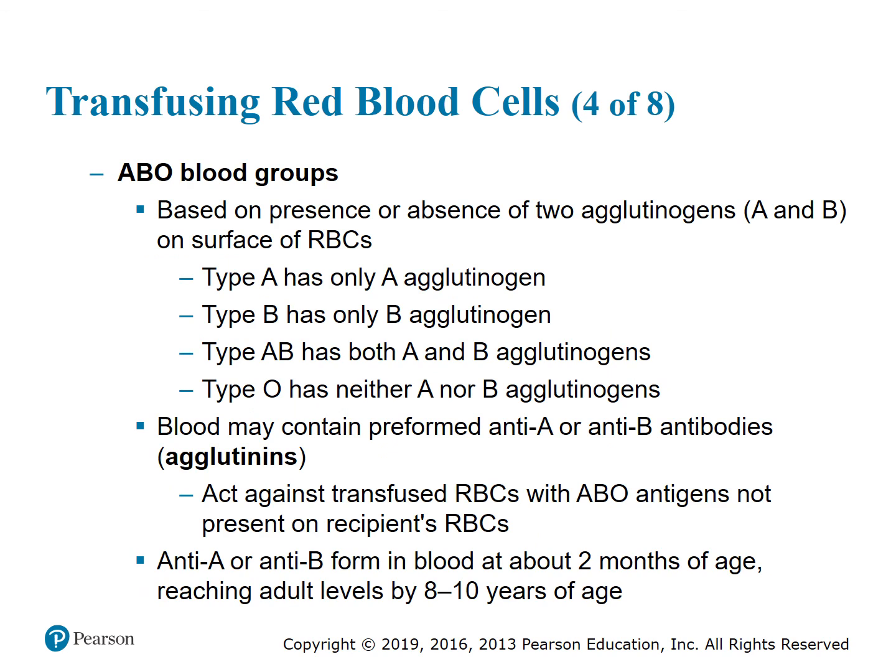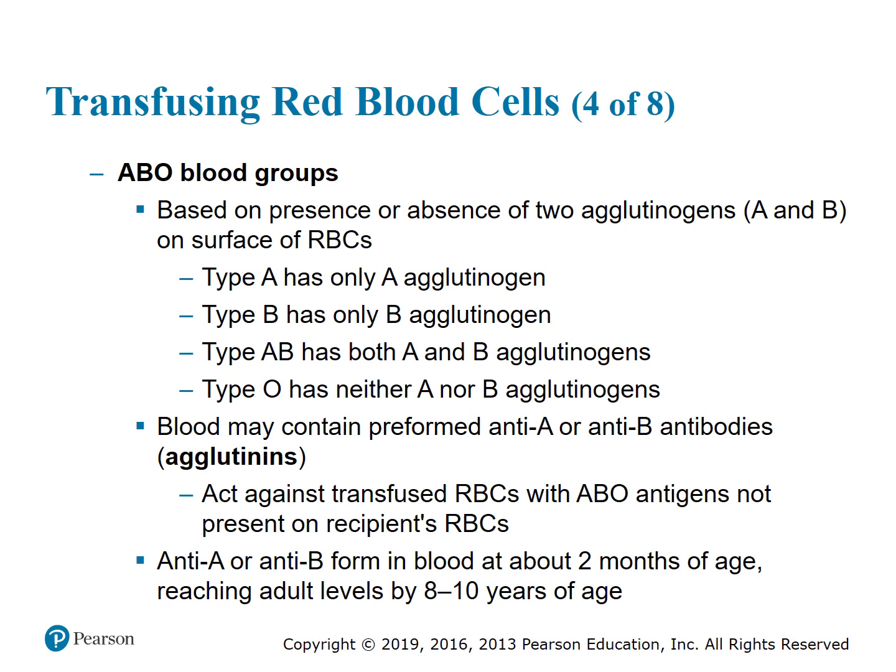The ABO blood groups are based on the presence or absence of two agglutinogens, A and B, on the surface of red blood cells. Type A people have only A agglutinogens. Type B has only B agglutinogens. Type AB has both A and B antigens, whereas type O has neither A nor B agglutinogens.